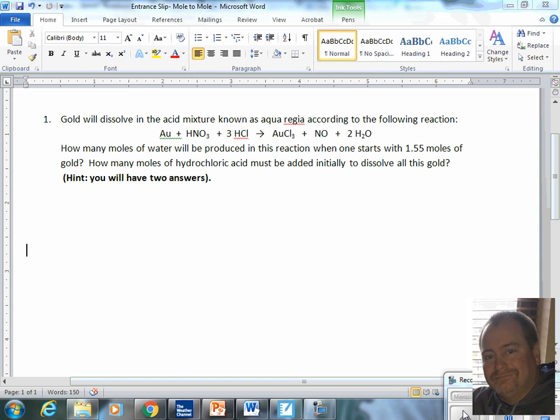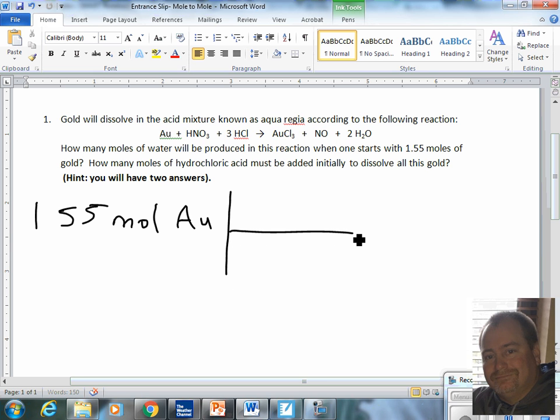I'm going to take what's given to me, 1.55 mole of gold. I'm going to make my conversion box, and I'm going to need the molar ratio. Well, where do I get the molar ratio? From the balanced chemical equation.